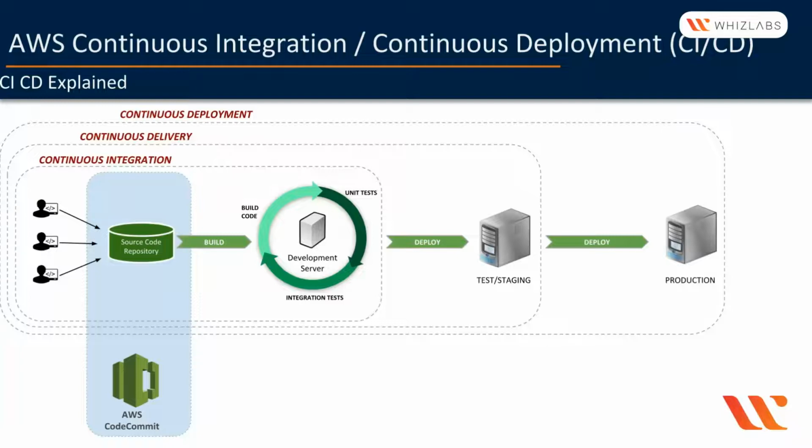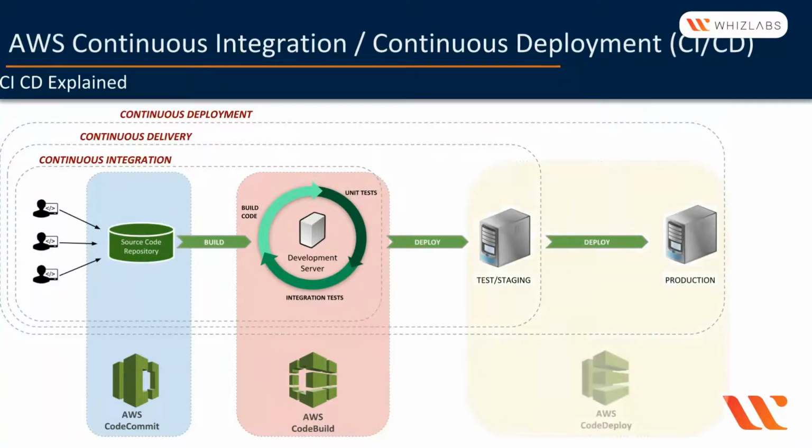Code Commit supports standard Git commands, so you can seamlessly use Code Commit to store, commit and manage your source code. It's just like your private Git repository. And then the service which provides build capabilities is AWS Code Build. And then for deploying the code to staging or production, you can use AWS Code Deploy.